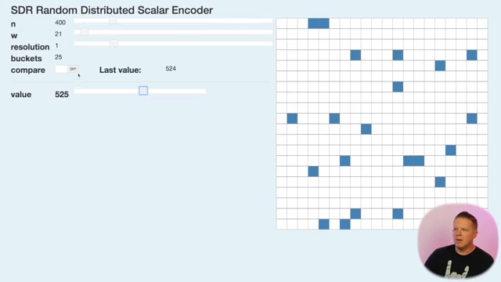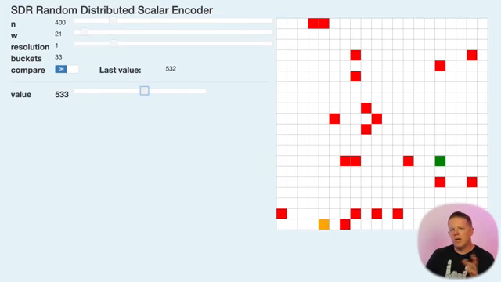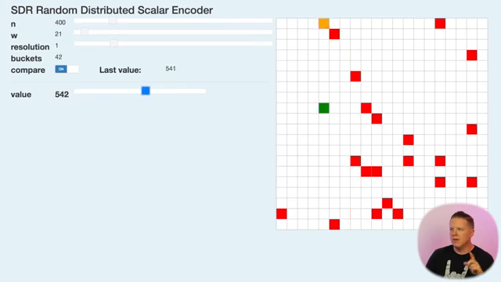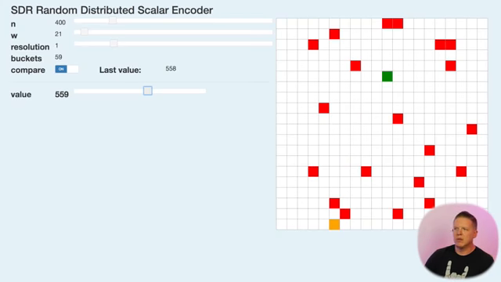Every time we change a value, and now you can see it really clearly, there's a bit that changes. So every bucket has one bit difference between its left-hand and right-hand buckets. We have a resolution right now of 1. That means every bucket is going to get one value. Every time I change this value, it gets a new bucket. Every bucket represents one value.